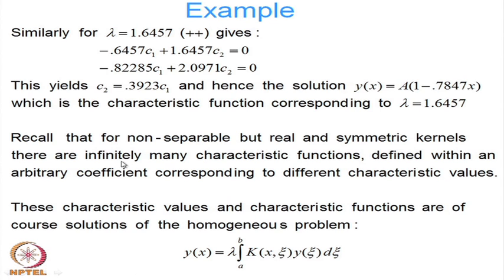So, for non-separable but real and symmetric kernels, there are infinitely many eigenfunctions, characteristic functions defined with an arbitrary coefficient corresponding to the different characteristic values. This need not be one arbitrary coefficient. Depending on the rank, there can be n minus r arbitrary coefficients.